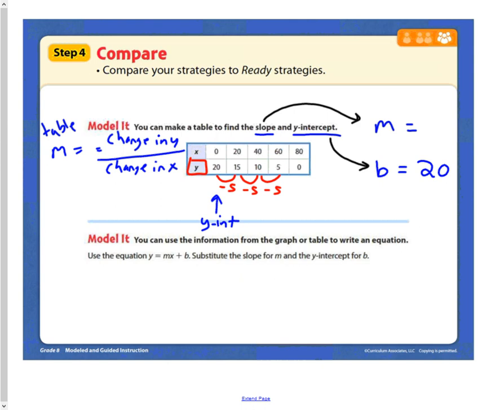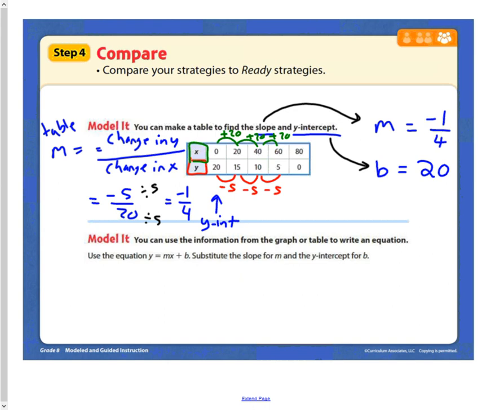So that's my constant change, while my x's, my change in x, is going up by 20 each time, consistently. So my change in y over change in x in this case equals negative 5 over 20. And when you reduce that, you can divide by 5 on both the top and the bottom again, you get negative 1 over 4. Same slope that we had from the graph.